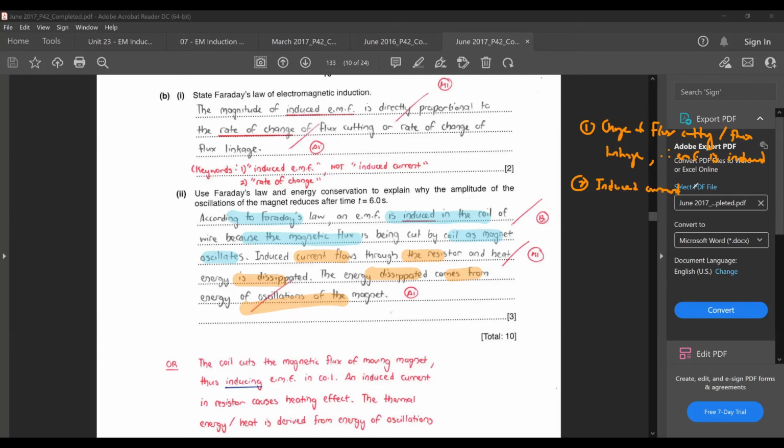Induced current therefore flows. Right? Now, from here, usually that's where your answer sometimes diverges.